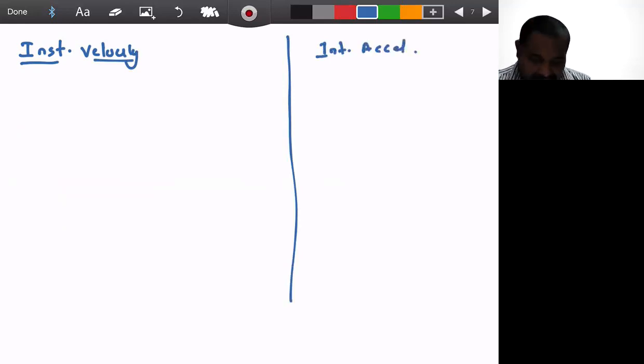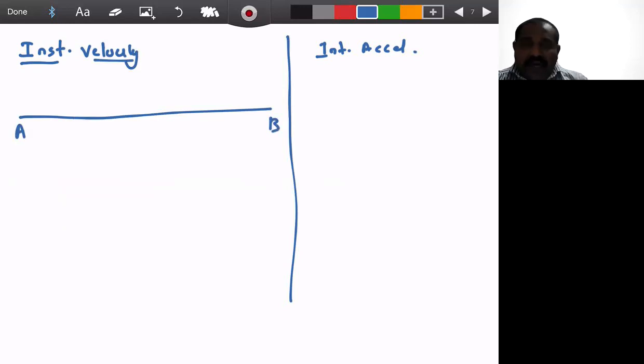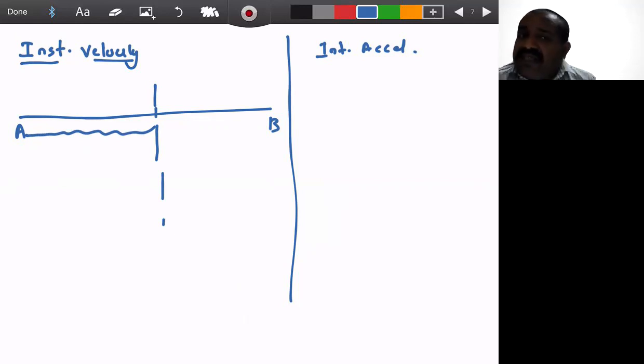Instantaneous velocity means, suppose a particle is moving from A to B. I would like to find what will be the velocity at a particular point, rather than finding the velocity from one point to another point. I would like to find the velocity at a particular instant. So that means at a position, at that time equal to t seconds. At that instant, what will be the velocity?